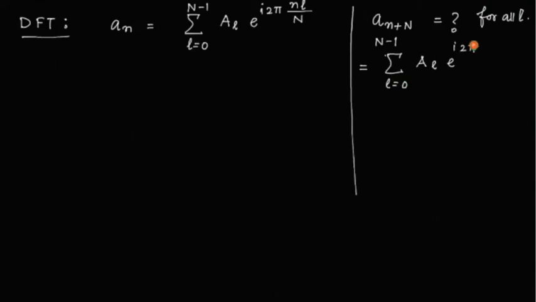The small n part, here I should write (n+N)·l/N, sum over l equals 0 to N minus 1, a_l, e to the i 2 pi (n l)/N, multiplied by e to the i 2 pi l. Right?